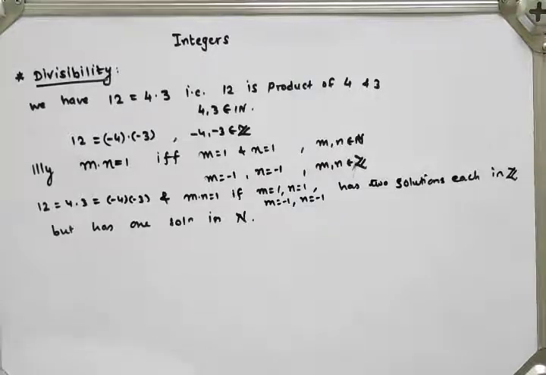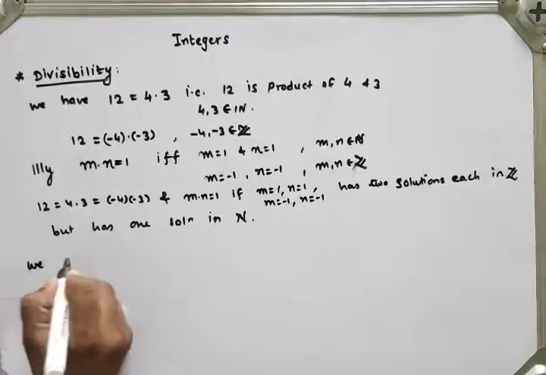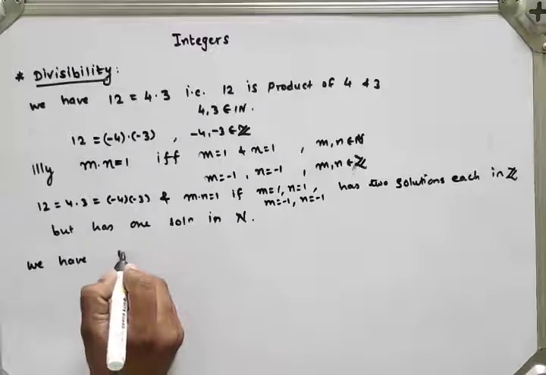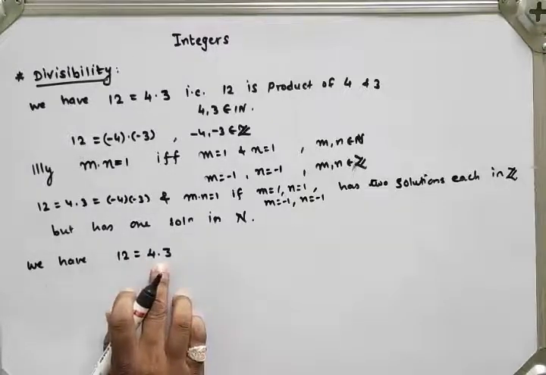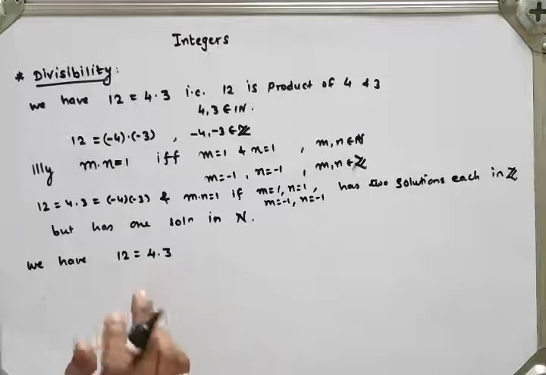So let's see the divisibility theory. Now 12 can be expressed as 4 into 3. So we say that 12 is a multiple of 4, right?